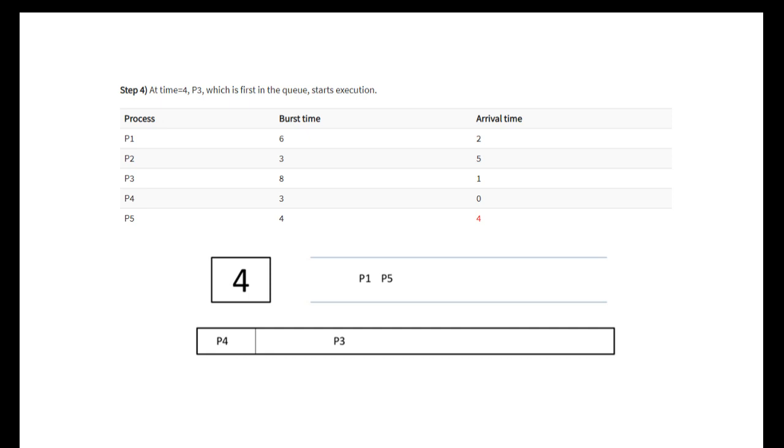Step 4, at time 4, P3, which is first in queue, starts execution.